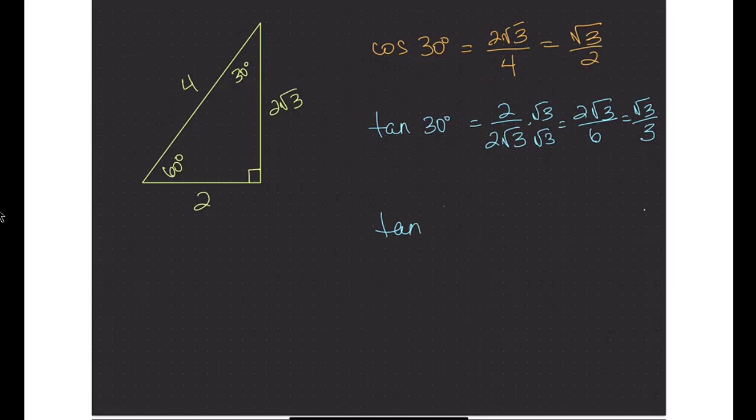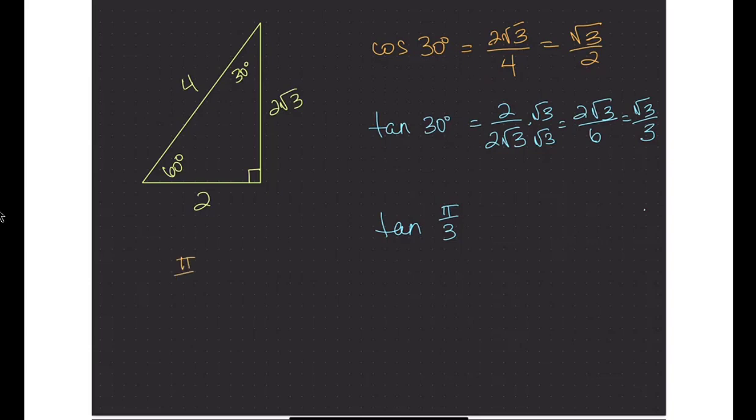If I asked you what the tangent of pi over 3 is, and I only give you this picture, we need to figure out which angle corresponds to pi over 3. We can either go from radians to degrees, or look at our unit circle.